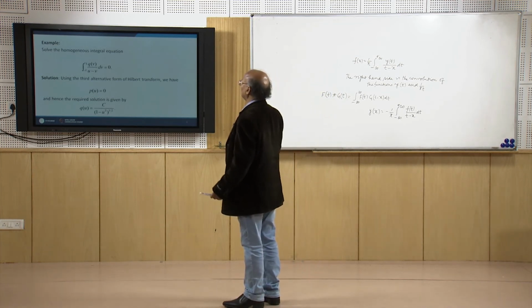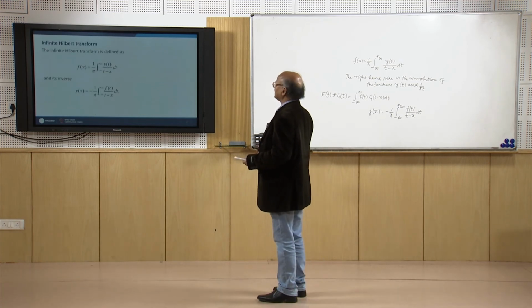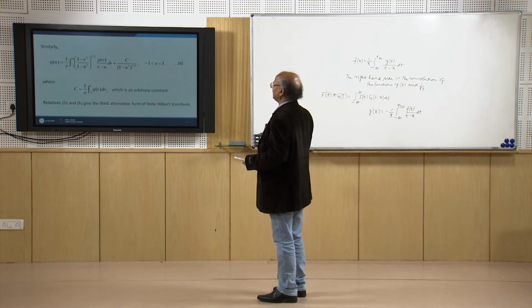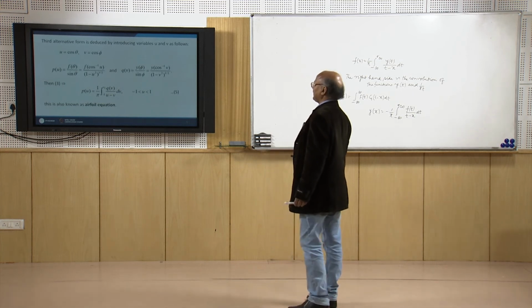I will take a question and see how we can solve this. Let us look at this homogeneous integral equation, because here the function f(x) is taken as 0. Let us go to the third alternative form of the finite Hilbert transform pair.